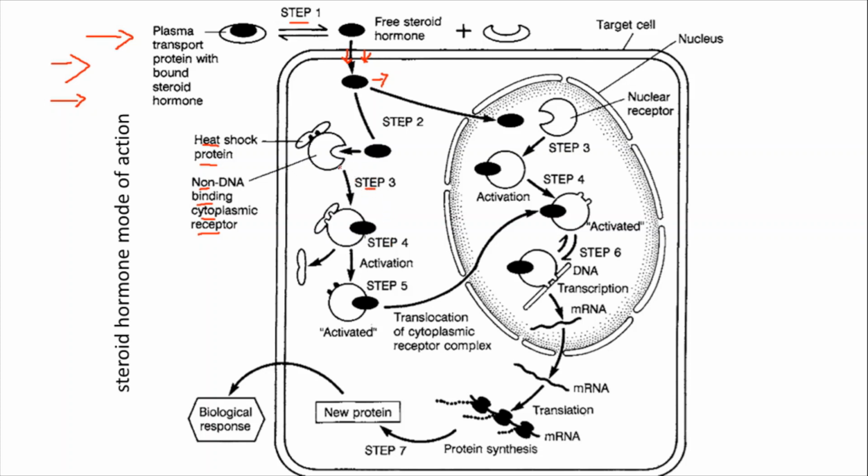Step 3, this hormone goes to tightly bind and get activated. How does it get activated? The release of heat shock protein from the non-DNA binding cytoplasmic receptor is the type of activation. So this activation takes place by the binding of steroid hormone to the non-DNA binding cytoplasmic receptor.